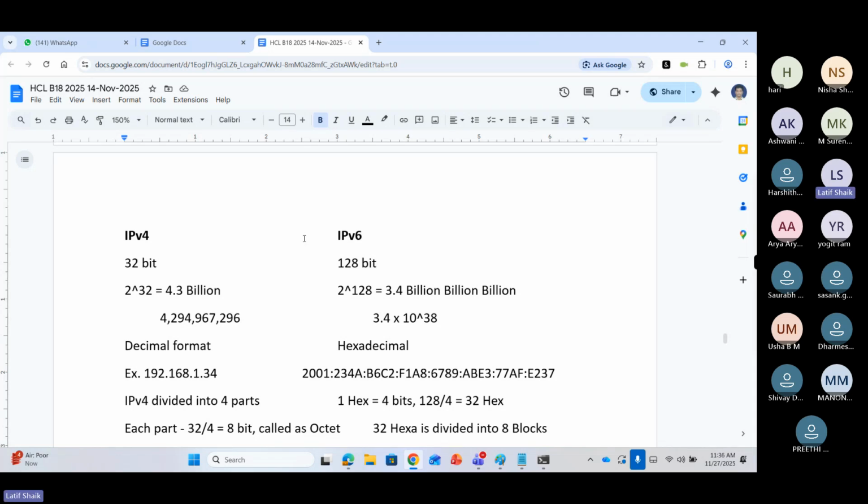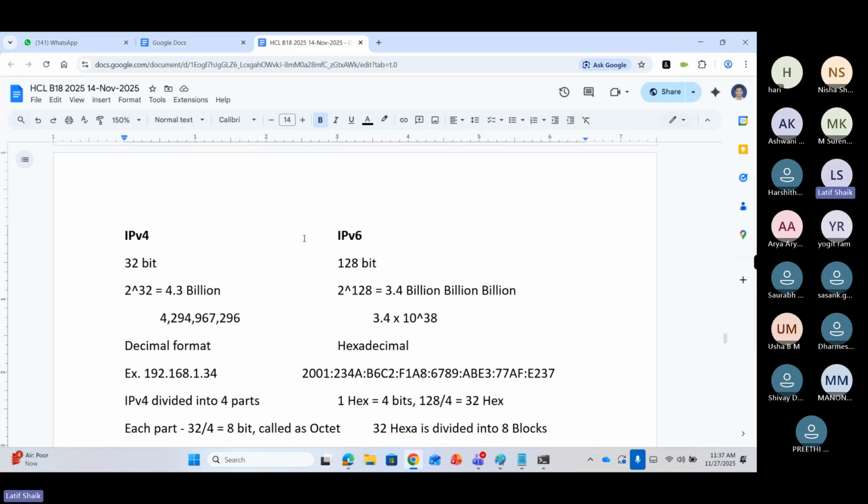So if I want to write this IPv4 address, 192.168.1.34, into binary format, it takes time. But in IPv6 it doesn't take much time. See, 2 means 0010. 0 means 4 zeros. 0 means 4 zeros. 1 means 3 zeros and 1. 2 means 0010. 3 is 0011. 4 is 0100.